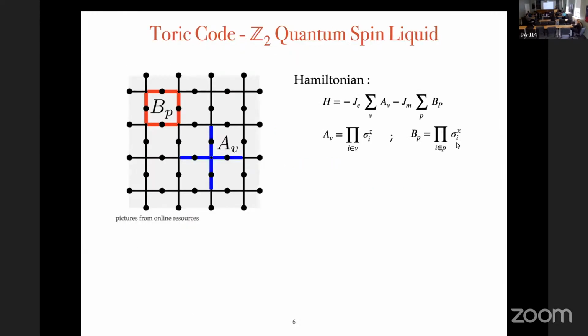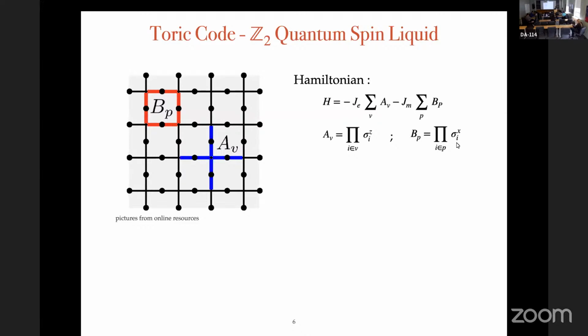I know many of you are probably pros on toric code, but let me just quickly brush over it, which is perhaps the most famous example of a quantum spin liquid and is also known to be the Z2 quantum spin liquid. So the Hamiltonian of the toric code consists of two parts, the star operator and the plaquette operator.